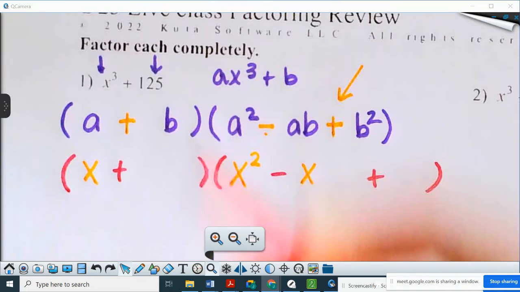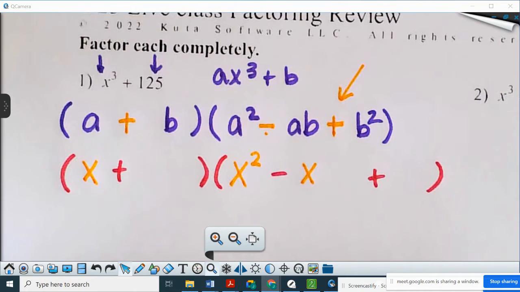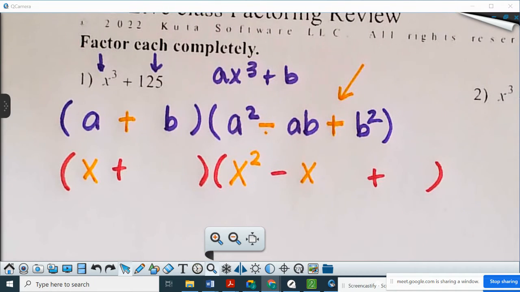Our b value, 125: what did I multiply by itself 3 times to get 125? I think I'm too zoomed in for you to see my calculator, but it should be 5. So 5 times 5 is 25, and 25 times 5 will give me 125.